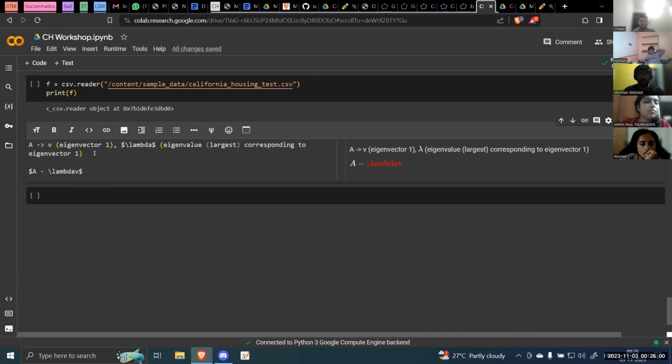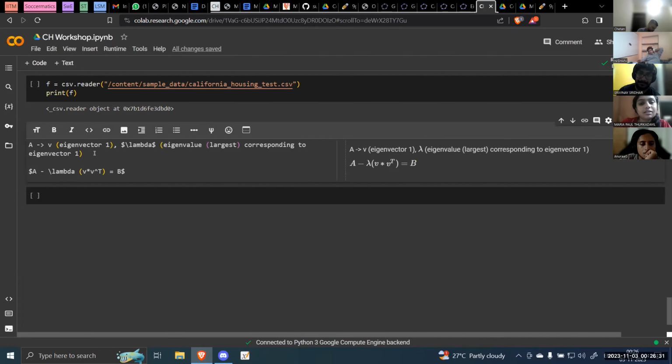Was that V transpose V or V V transpose? V transpose V is the dot product, so it's the opposite. Yeah, V V transpose. So A minus lambda times V V transpose is equal to B.